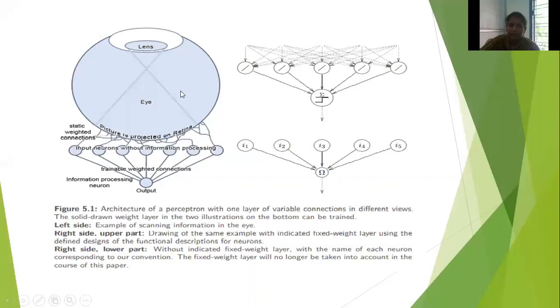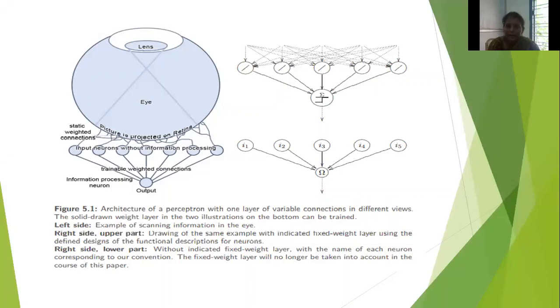Best example for understanding single layer perceptron neural network. The information is gathered from the lens of your eye and projected on the retina, where static weight connections for different input neurons are present.